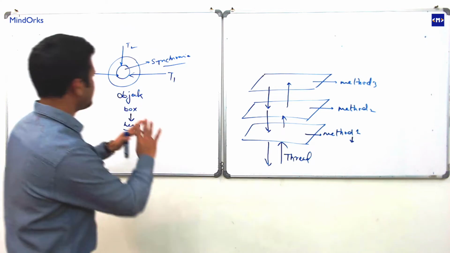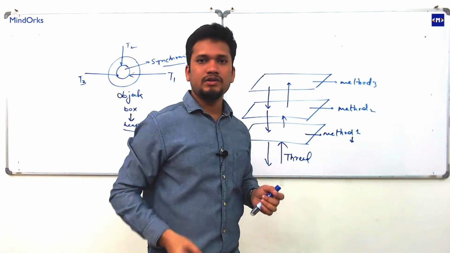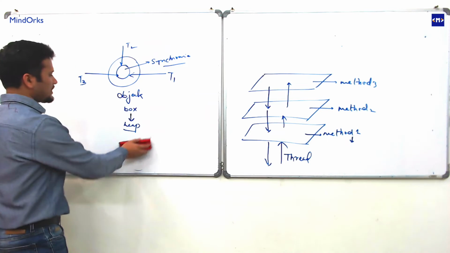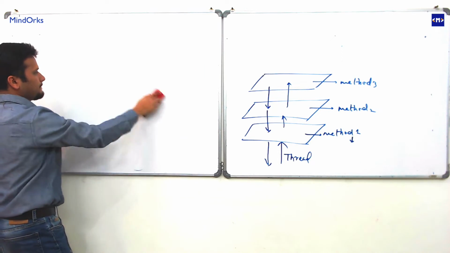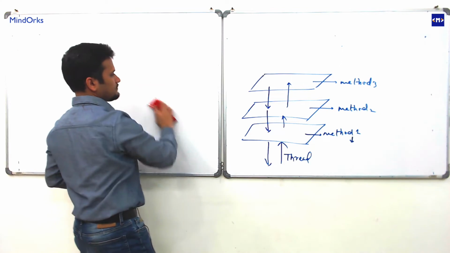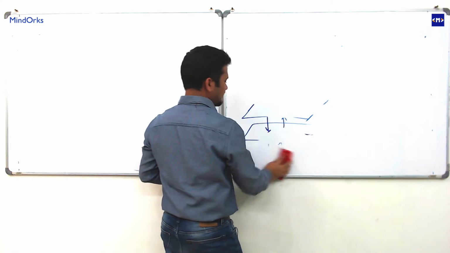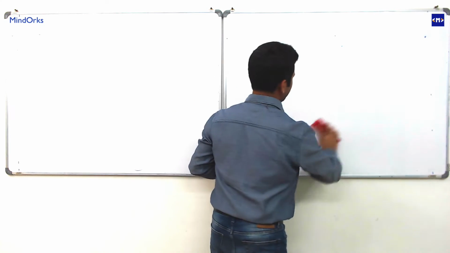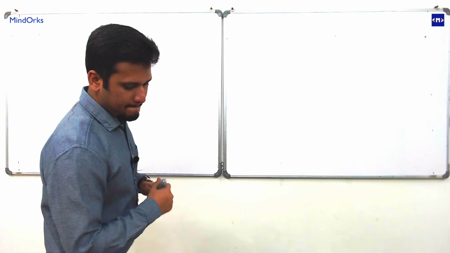Now, given this picture of your stack and heap, I'll take an example to define where instances actually get stored.